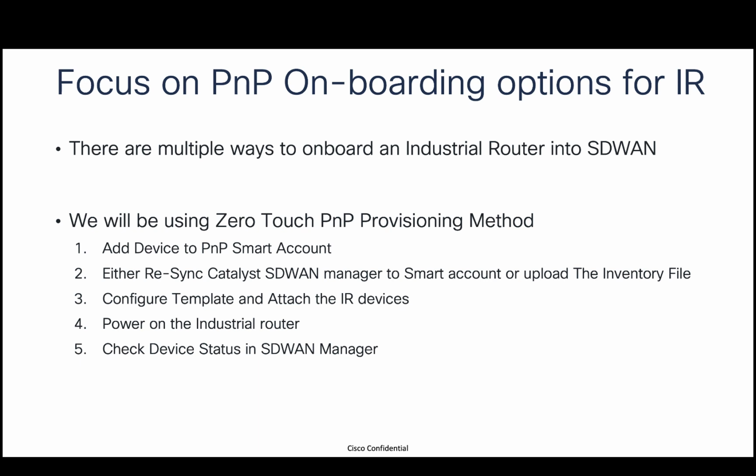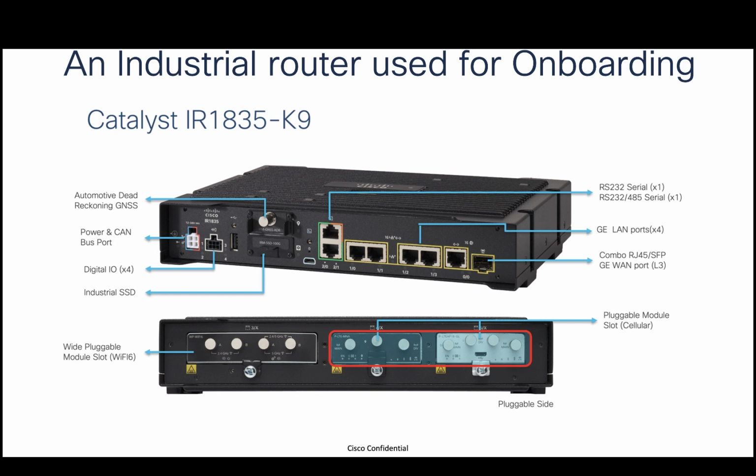So what we will focus on is how to configure a template for SD routing mode and attach IR devices, and how to check some of the elements for status and monitoring in the SD-WAN manager. This is the router we will be onboarding as before.